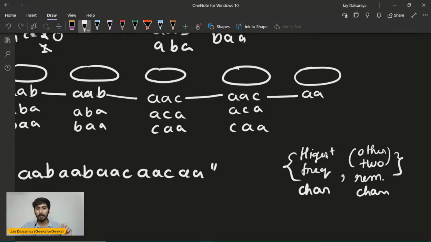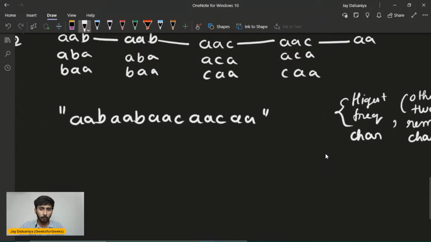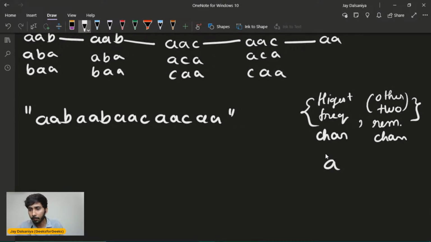Okay, so let's say you partitioned the three different characters into two different types of groups. So over here, A will be the highest frequency character, and B and C are the other remaining two characters. Now here is your task, that you have to arrange only two different types of groups, right?